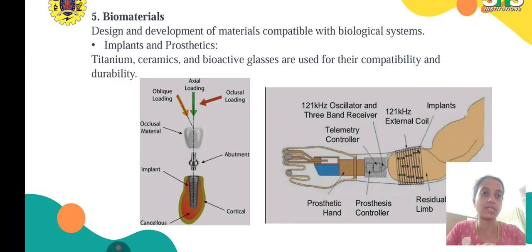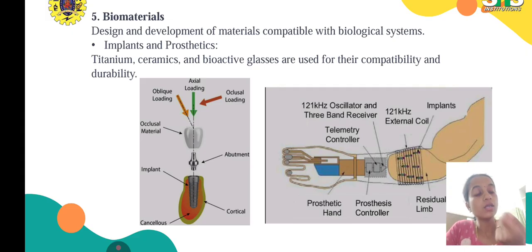In this diagram, we can see a prosthetic hand. A prosthetic controller is given in the hand, along with the residual limb, how it can be implanted into the human body, what equipment it has, and telemetry control.